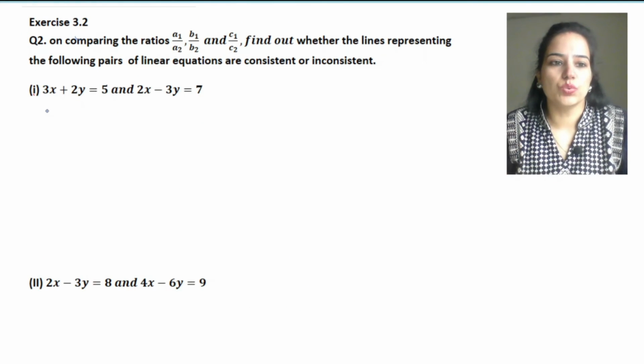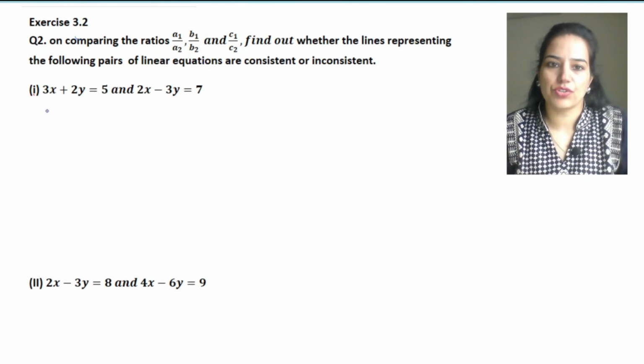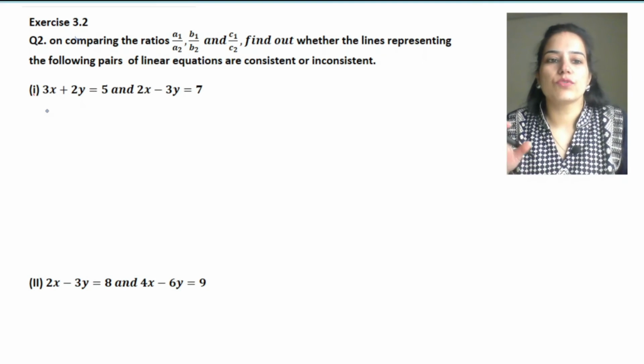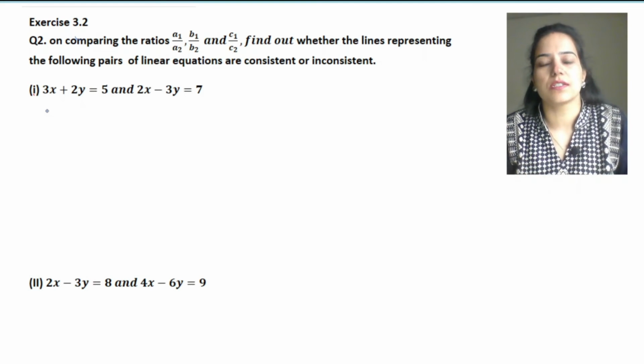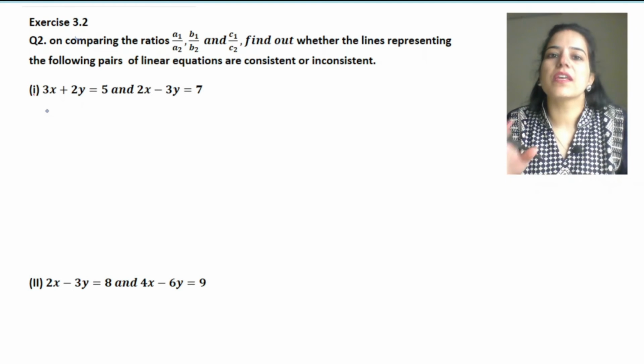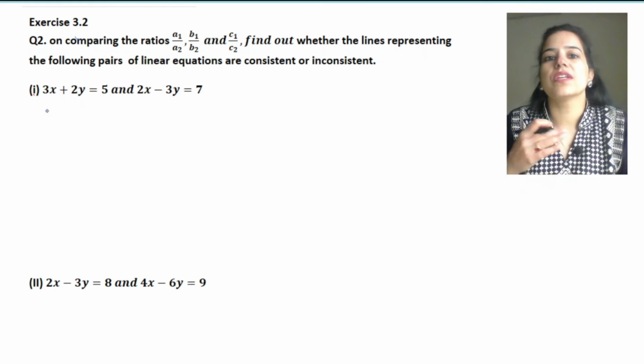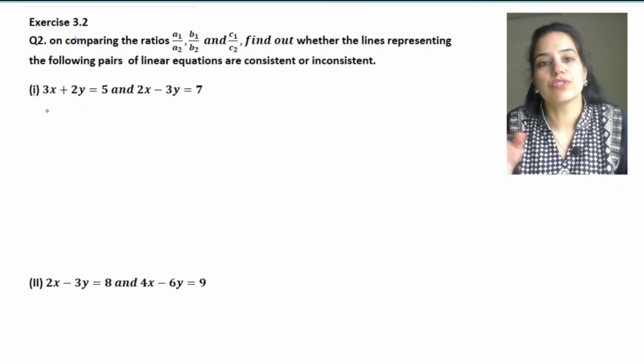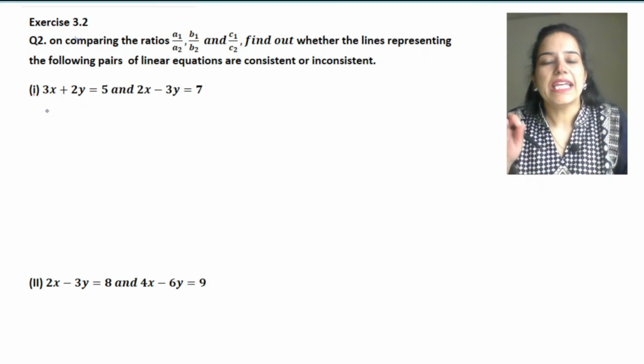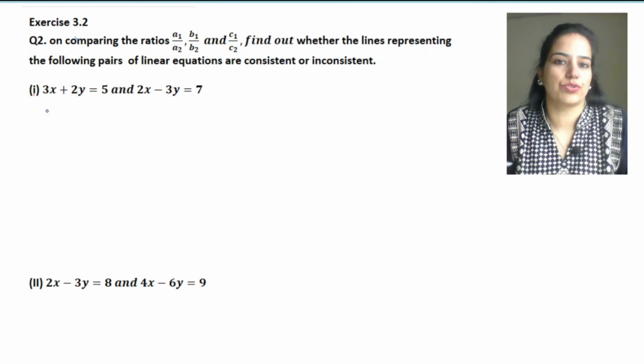Now, question number 2, again, we have to compare the ratios. And this time we have to tell whether the pair given to you is consistent or inconsistent. Now, consistent means there is a solution, whether it is unique or there are infinite solutions, but there is a solution. Inconsistent means that there is no solution, right?